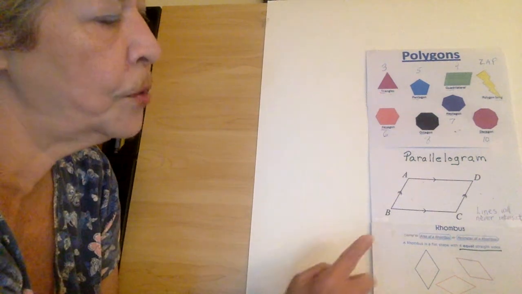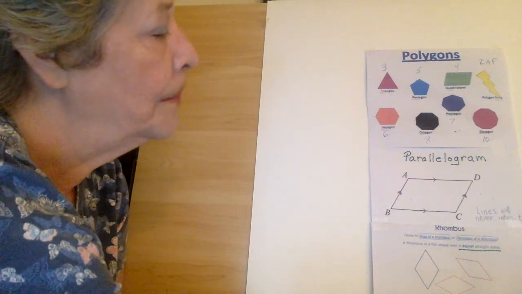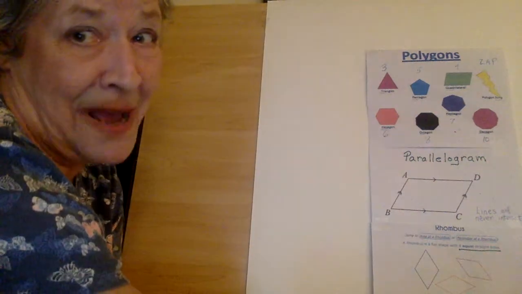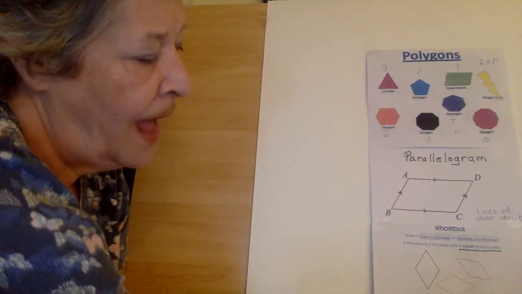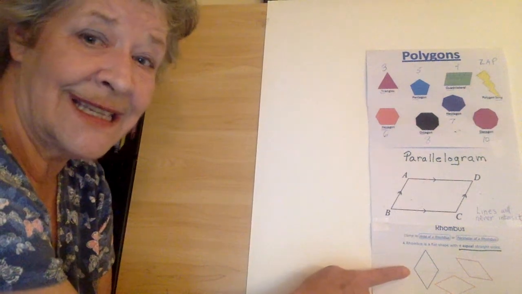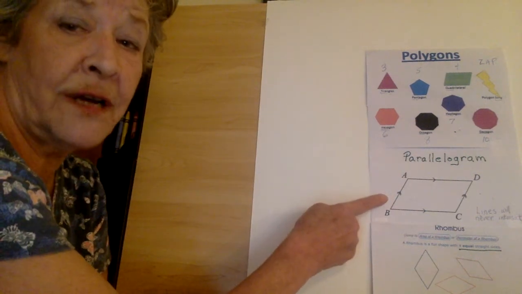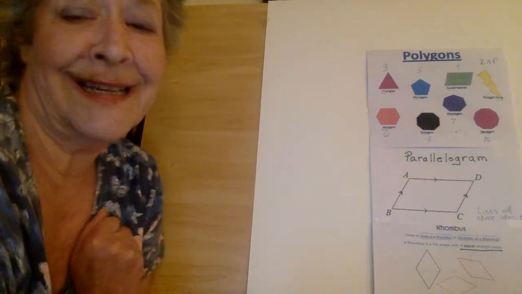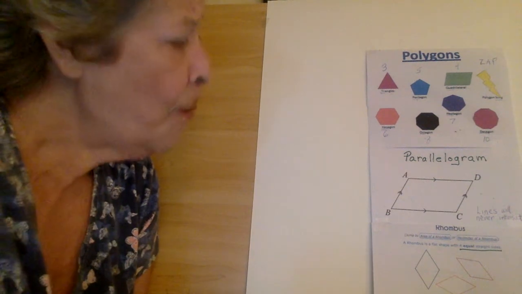A rhombus with 4 equal sides can be a parallelogram. Sorry, I tripped over my tongue. Did you ever do that? But a rhombus, you can have equal sides and still not have it meet the criteria for a parallelogram. So I would like to see you explore with that a little bit.